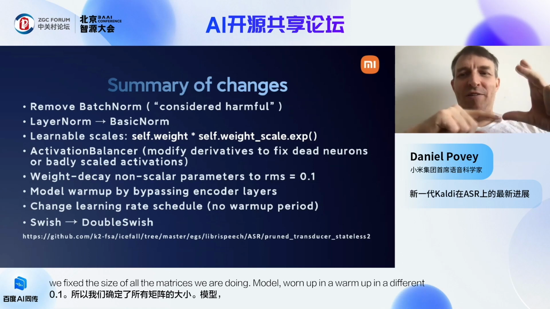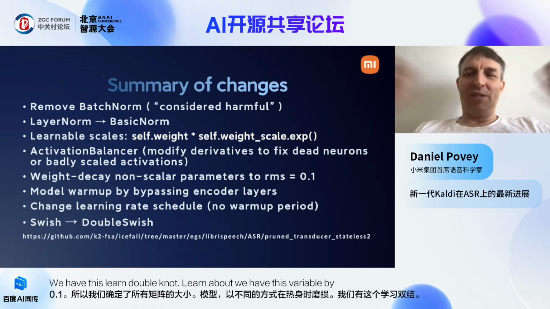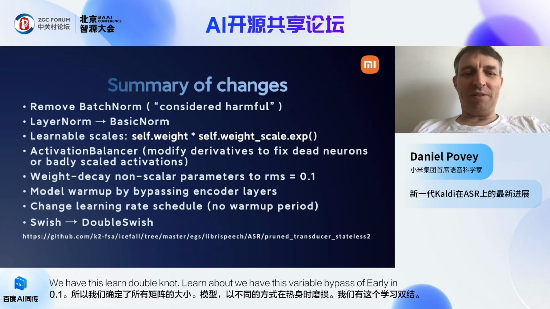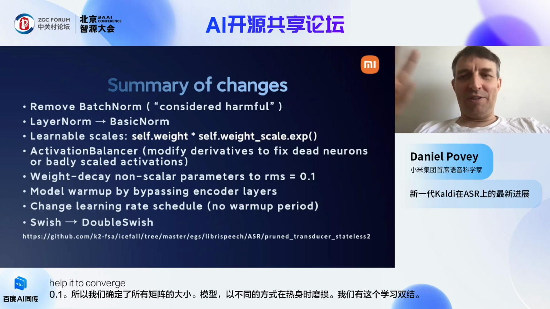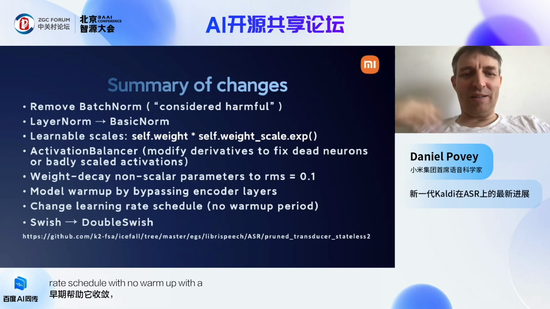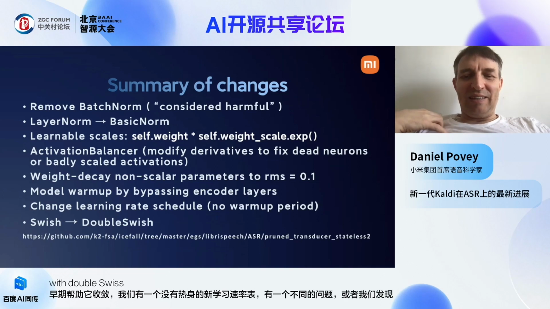We have this variable bypass of all the layers, early in training to help it to converge. We have a new learning rate schedule with no warm-up, with a different formula. And we found that replacing Swish with DoubleSwish is helpful.